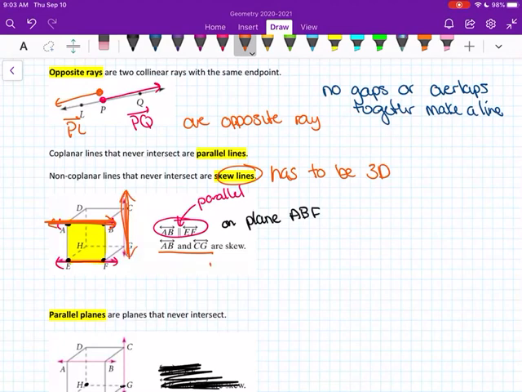So they do not go the same direction, okay? And you can kind of think about them as having one point that's closest, but the rest of their points are just getting farther and farther apart from each other. Okay, so they're never going to touch, and they go in different directions, and you have to think about it in three dimensions. You can't do this on a piece of paper.